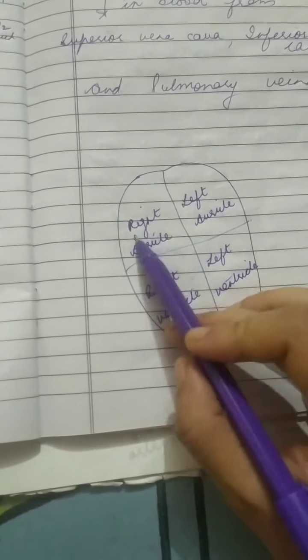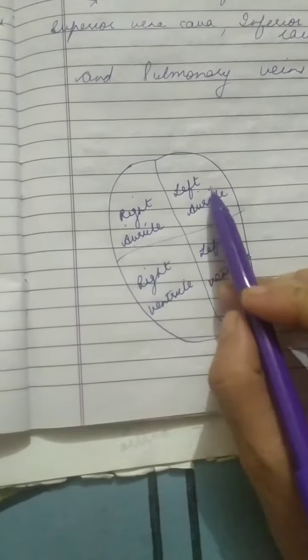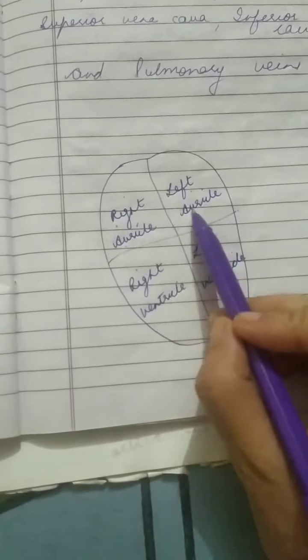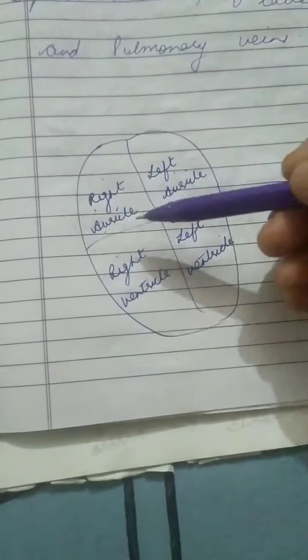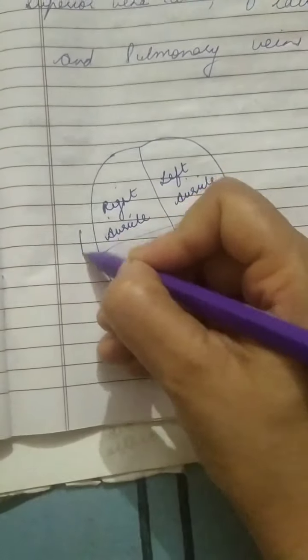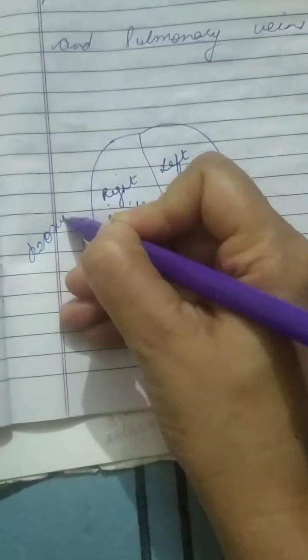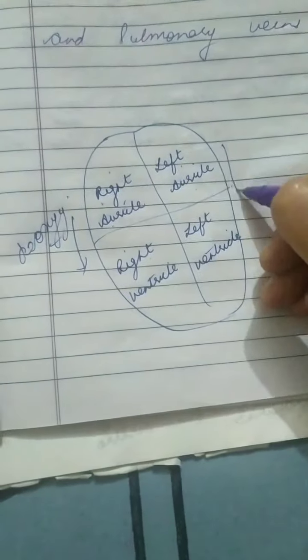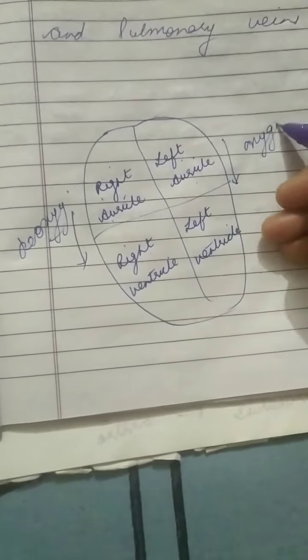First of all, we know that this upper part is known as the auricle, the right auricle and the left auricle. Both auricles contract and send blood to the ventricles. From this side, deoxygenated blood, and here oxygenated blood.